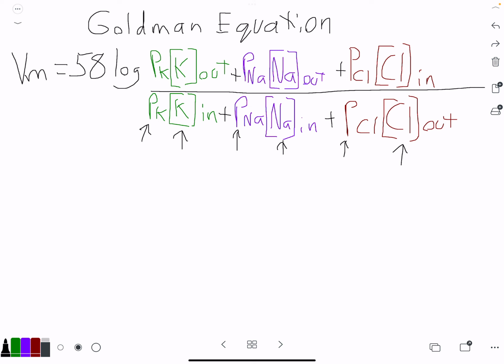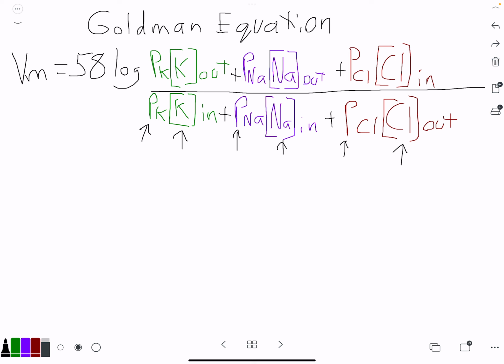It's just whichever ion is the most permeable gets a value of 1. And then everything else is measured in terms of the relative permeability compared to the one that's the most permeable. So if sodium is half as permeable as potassium, the P value would be 0.5 and potassium would be 1.